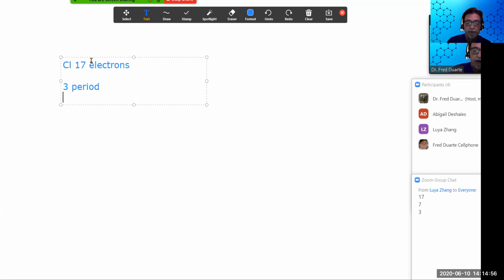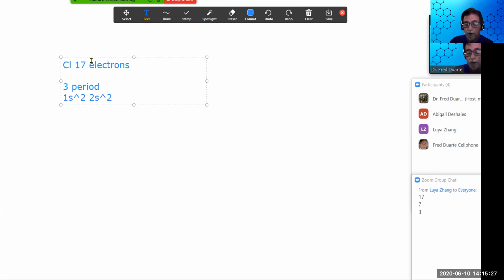Okay. That means that 1s2 is full. I don't have superscript, so I have to write it this way. That takes care of 2 electrons, so we have 15 electrons to do. Then we go to the next energy level, 2s2, which is full.